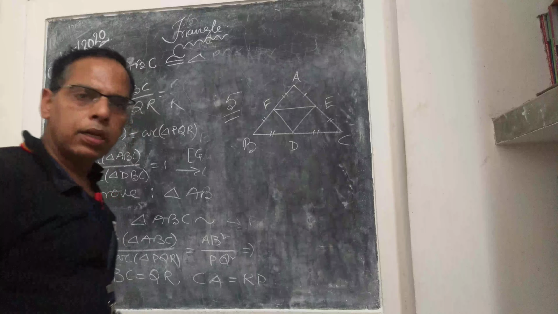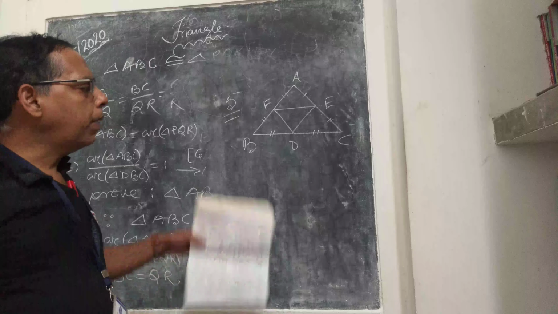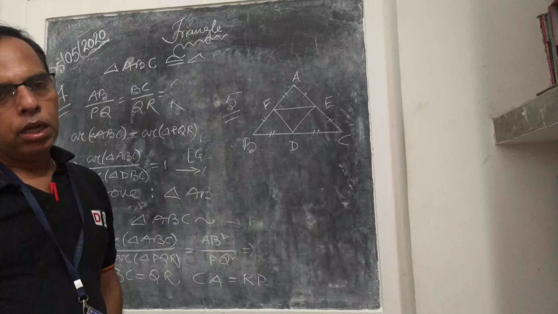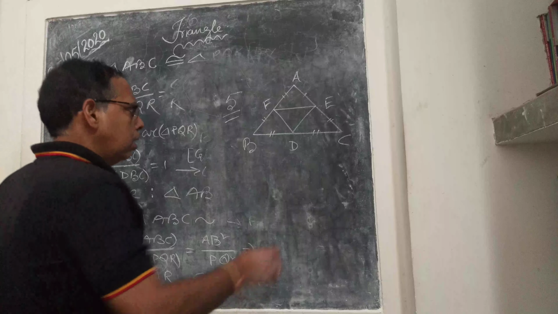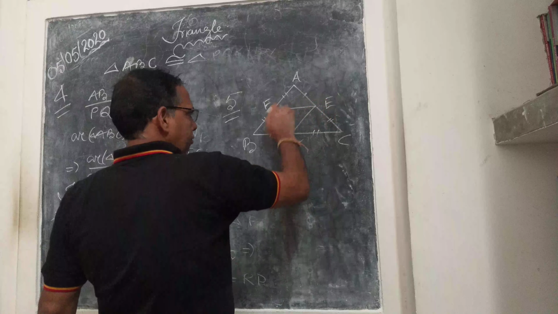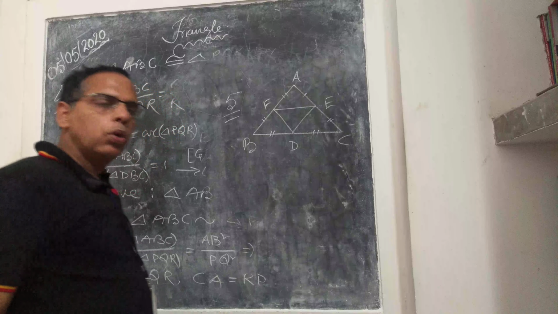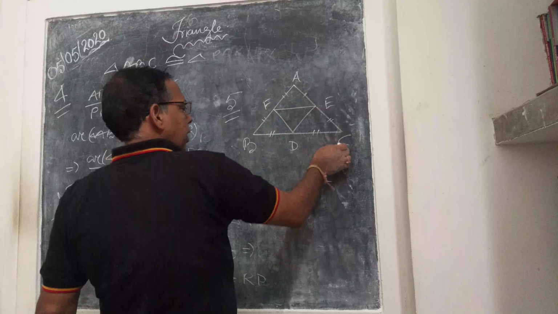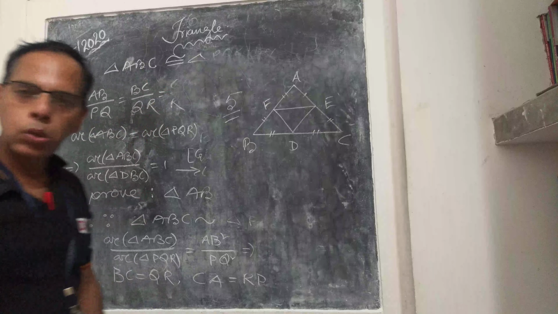You got the midpoint theorem in class 9, so utilizing that, you can find the ratio of DEF and ABC, it will be 1:4. If you write triangle ABC by DEF, it will be 4:1.